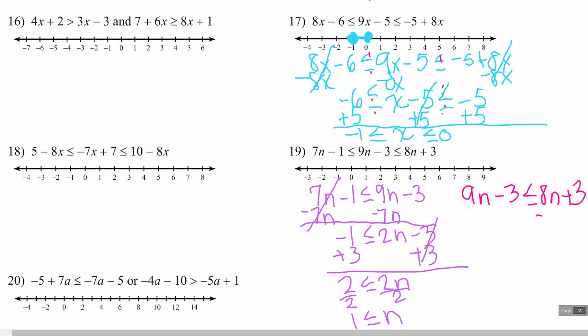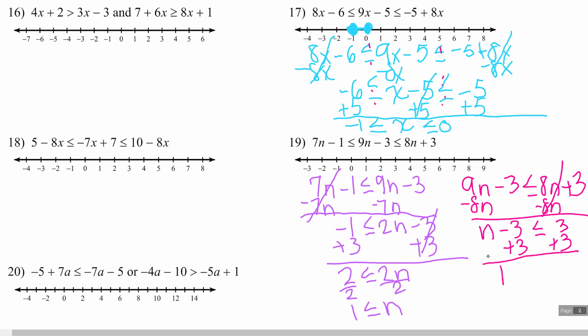On this one, I can subtract 8n from both sides. Here they cancel. I have n minus 3 is less than or equal to 3. So I'm going to add 3. Here we get n, the 3's cancel, is less than or equal to 6.